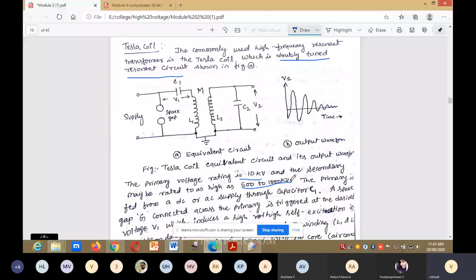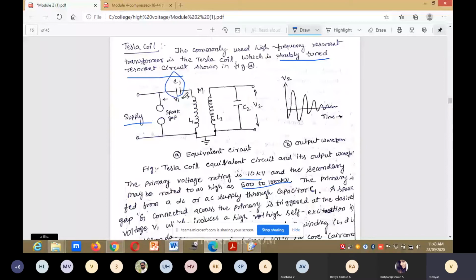The primary is fed from a DC or AC supply through capacitor C1. The supply may be AC or DC, and it is supplied through a capacitance.